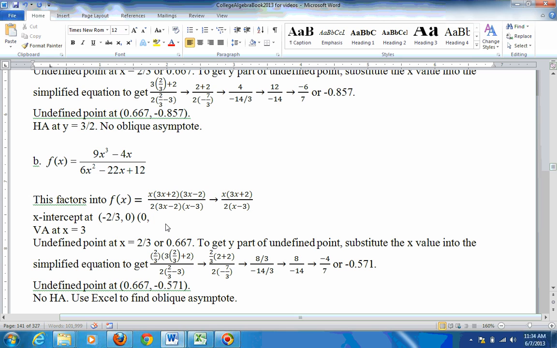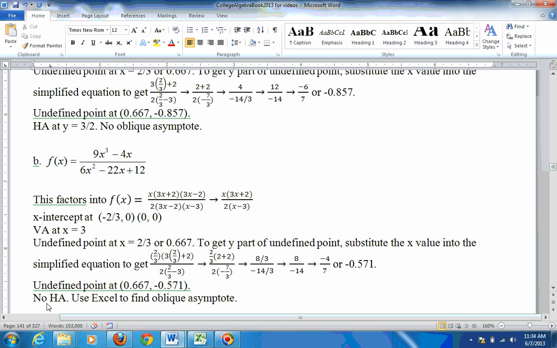And that 0 came from setting each term right here equal to 0. Okay. Now vertical asymptote, set the denominator equals 0, and you get x equals 3. The undefined point, same one as before, 2/3, and then just substitute the 2/3 into the simplified expression to get the y part of the undefined point.